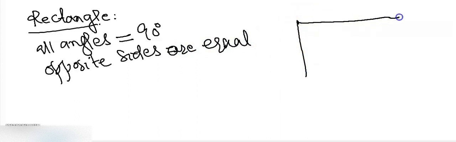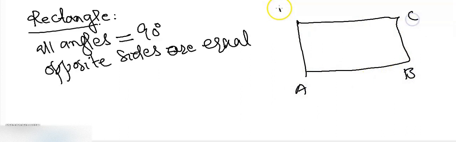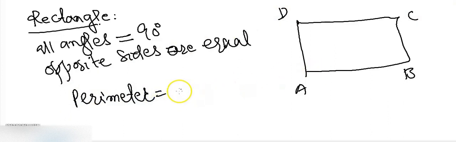For example, you are given A, B, C, and D. So how do you calculate perimeter? You calculate AB plus BC plus CD plus DA.